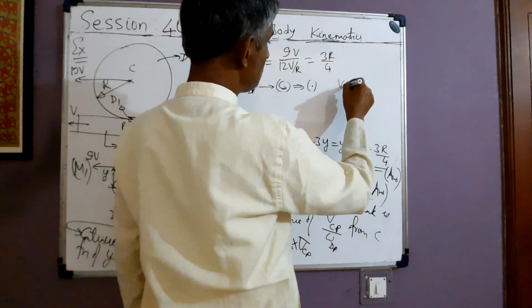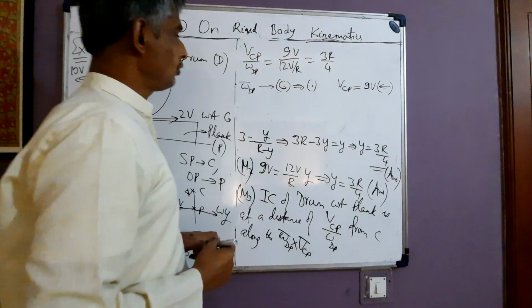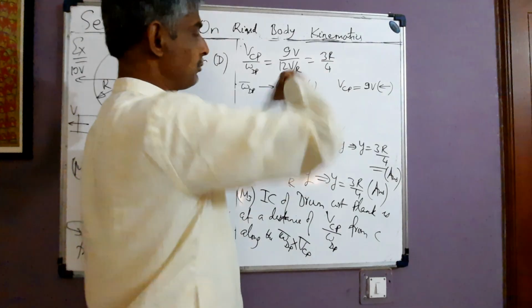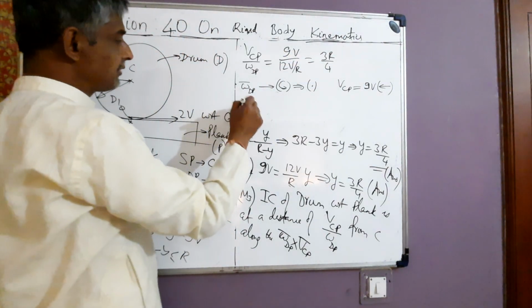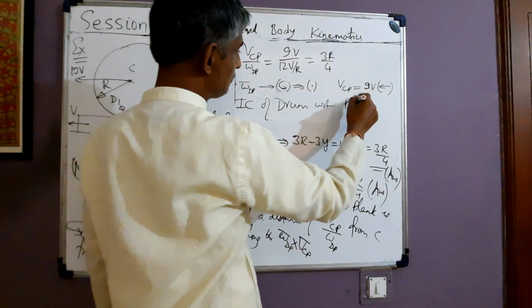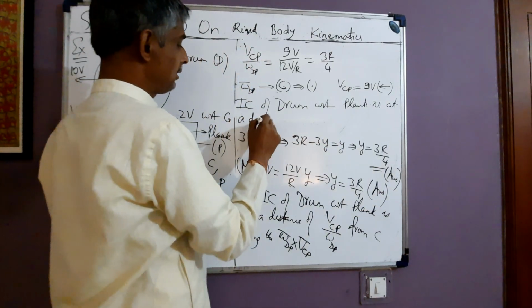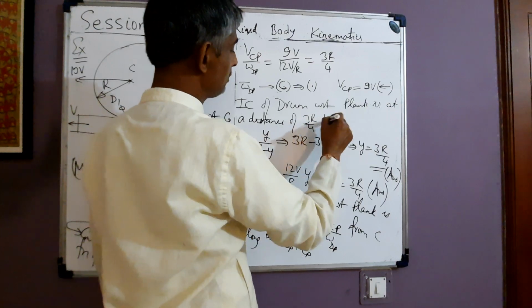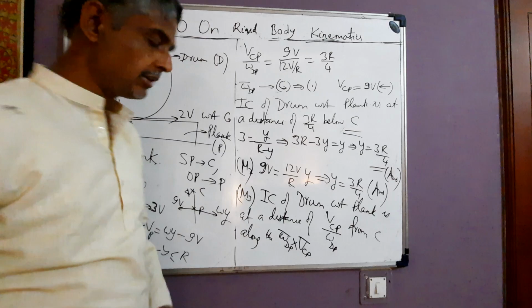And VCP is 9V left. Omega DP outward, VCP left, so by the rule of cross product the direction becomes downward. So the IC of drum with respect to plank is at a distance of 3R by 4 below C. Same answer we have obtained again.